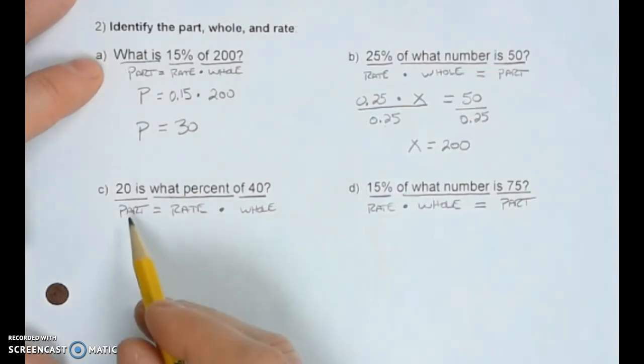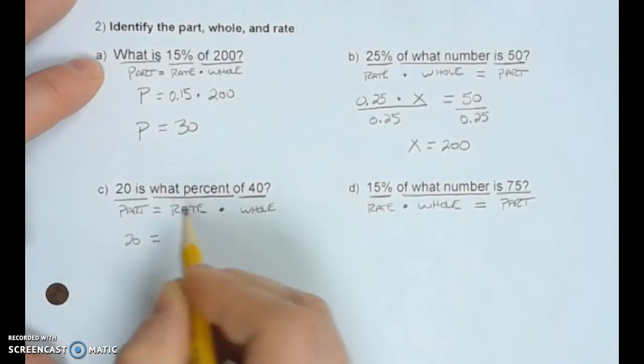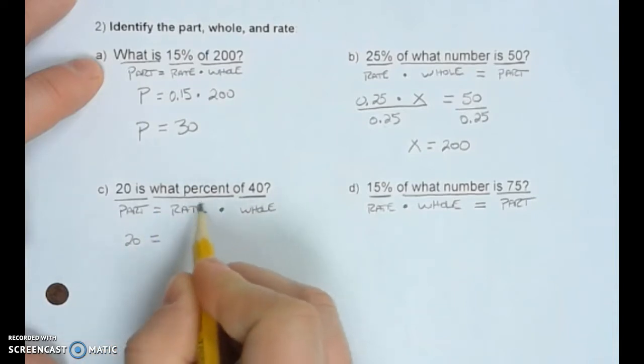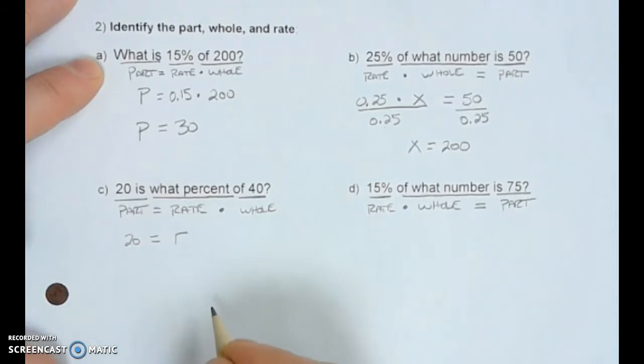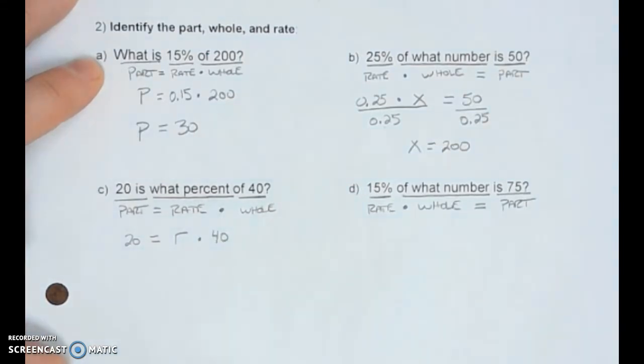In example C, part is, that's your 20, equals what percent, we're looking for the rate this time, so I'm going to put R for rate, times the whole value of 40. Once again, we're trying to get this value R all by itself. This again is a one-step algebra problem.